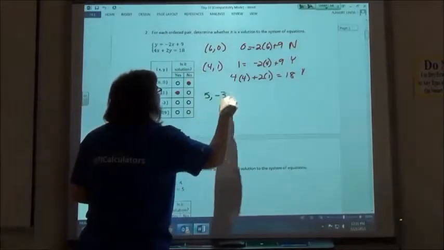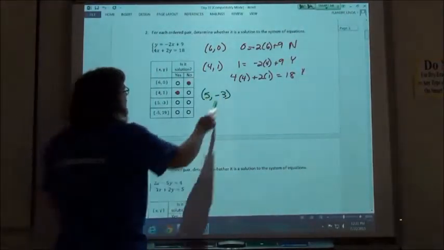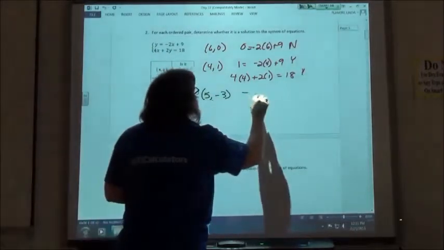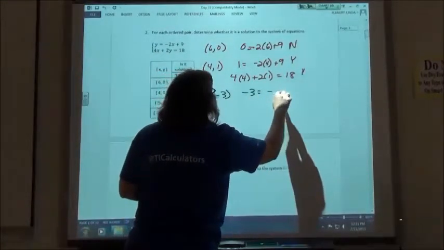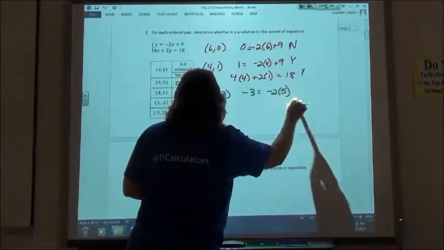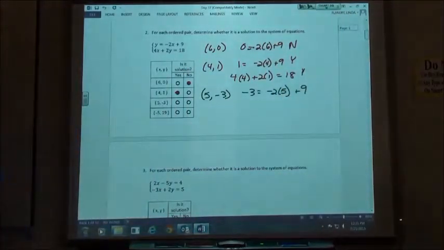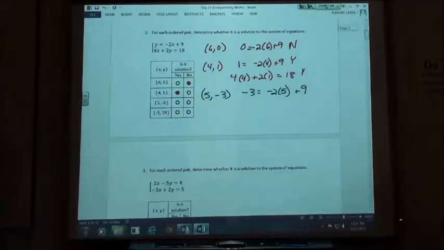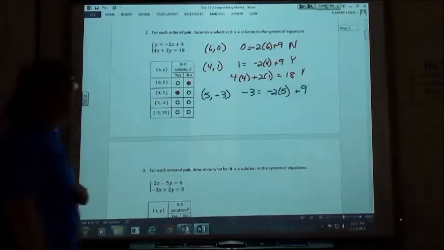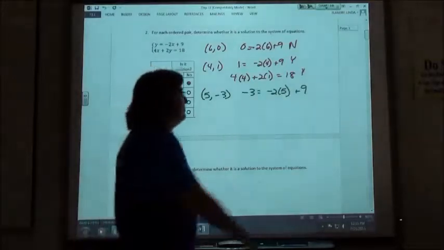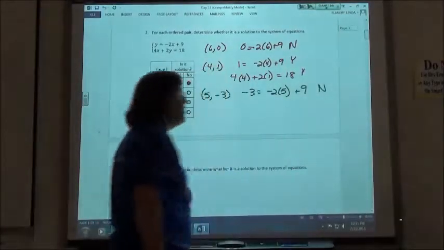5, negative 3. Checking that in my first equation. Y is negative 3. Does that equal negative 2 times x, which is 5, plus 9? No, right?